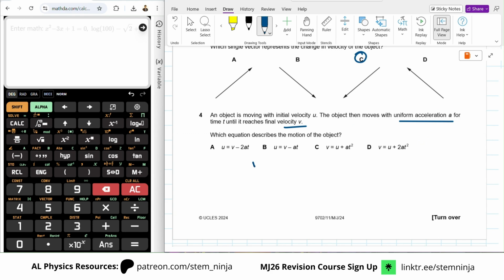So v is equal to u plus at. The others all include the s. So I think we just need to see which is the rearranged version of this. If you take at on the other side, this would be v is equal to u plus at. So this is the answer.